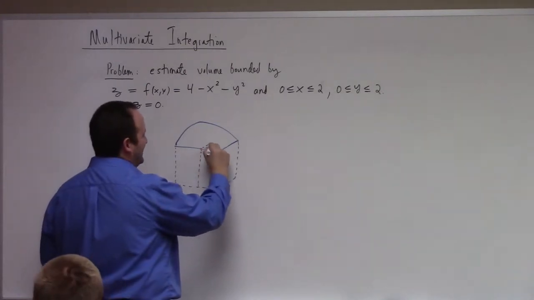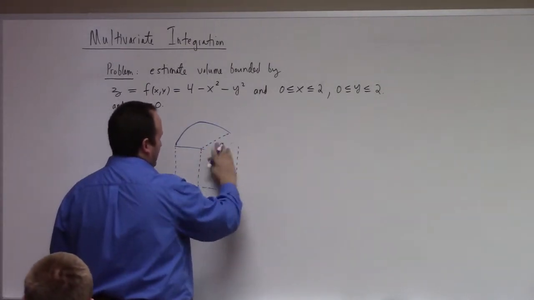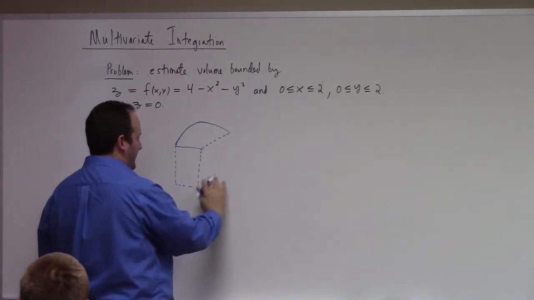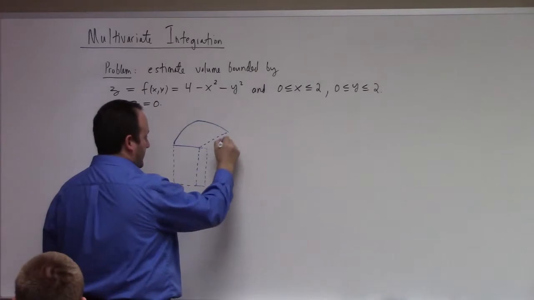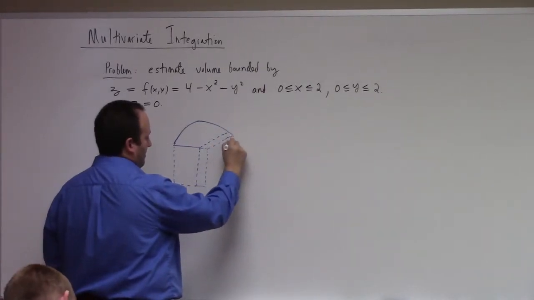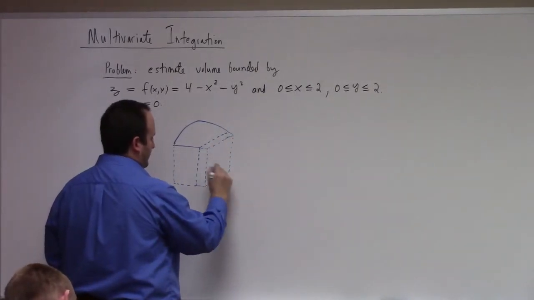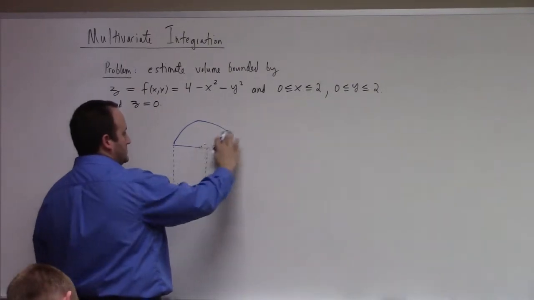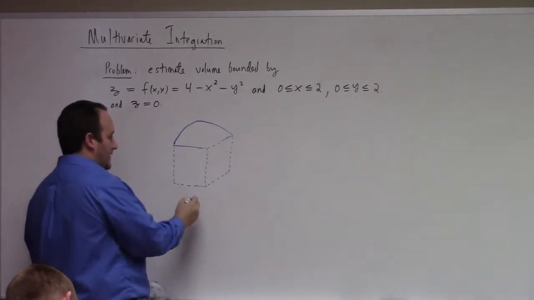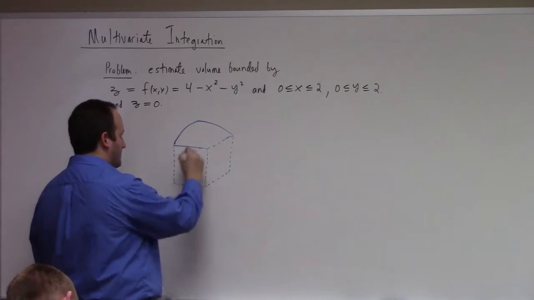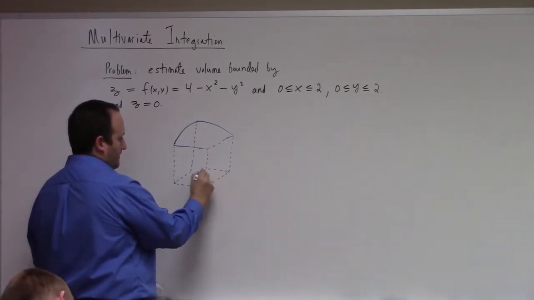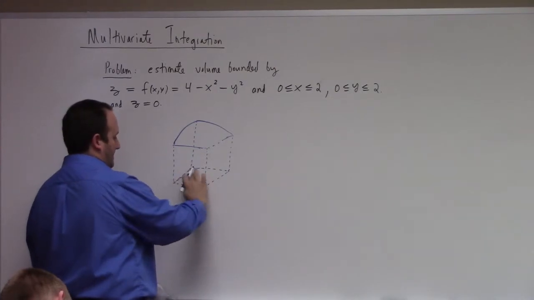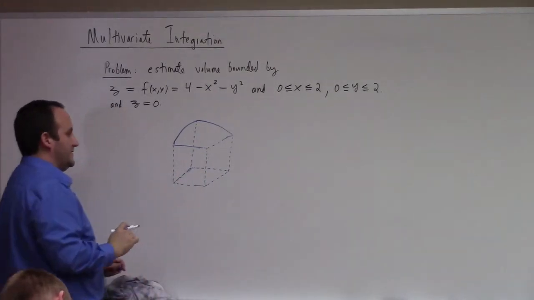I'll get it right eventually. I don't know, that's still not right. Give me a second here. I'll eventually get it like I want. I mean, it's kind of square, right? So something like that is this.